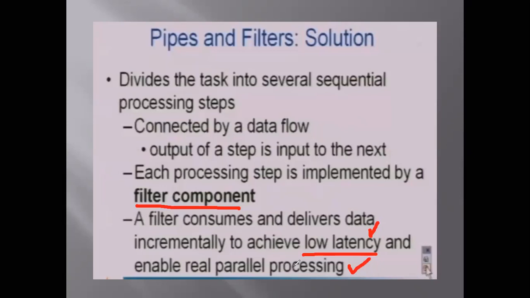As and when some of the data packets are passed to filter 1, it will start processing the data instantaneously, which will help us to achieve low latency. And through this, even real-time parallel processing can be done, because the filters can have their own methods of control. We'll see what different types of filters are possible.